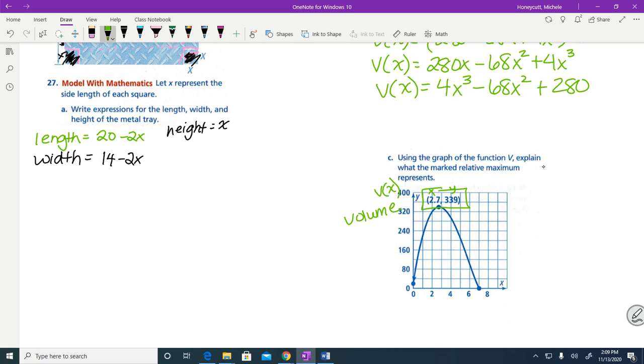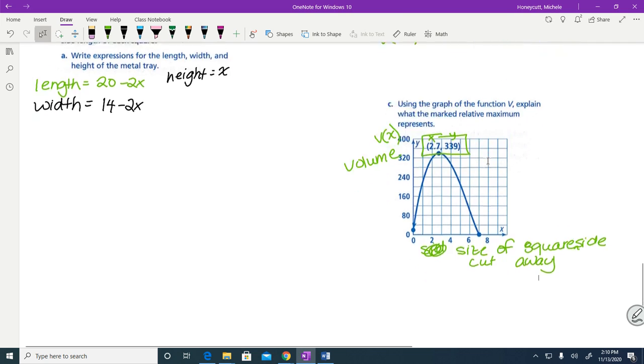And x, where do we get x from? X is over here. X is the side of the square that got cut away. So size of square side cut away.